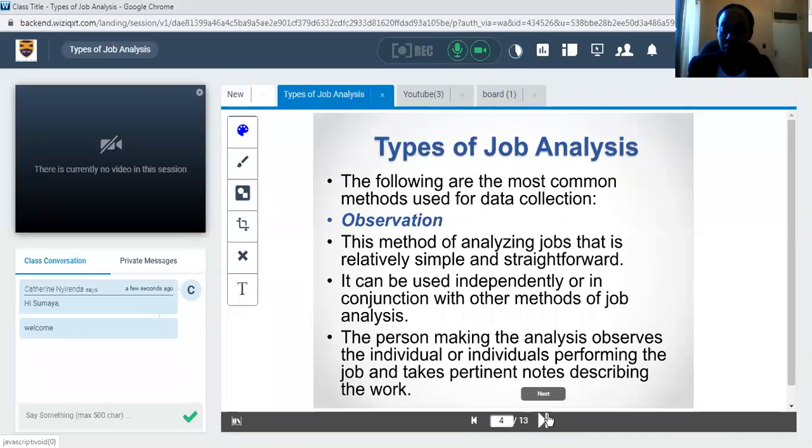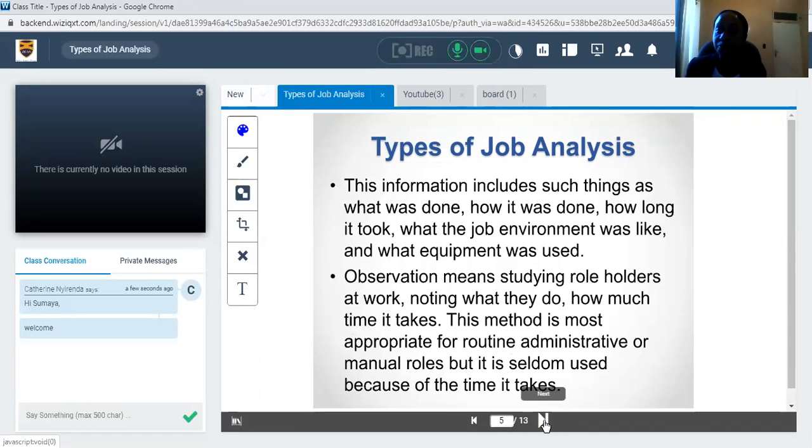The person making the analysis must observe the individual or individuals performing the job and take notes describing the particular work being conducted: the work, the responsibilities, the duties this person is engaged in. This information includes what is being done, how it is being done, how long it took, what the job environment was like, and what equipment was used.